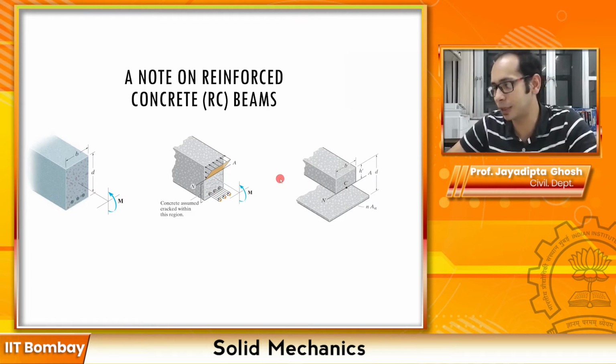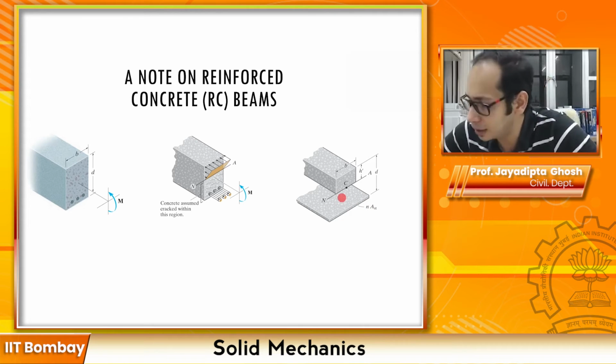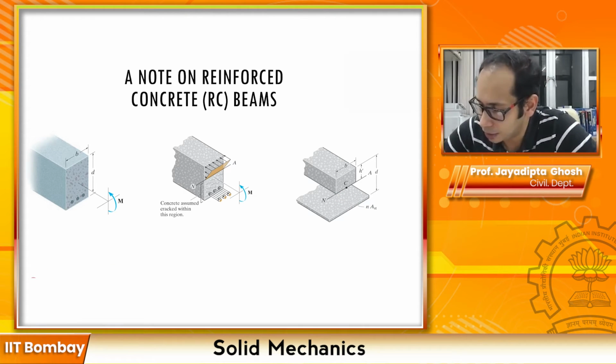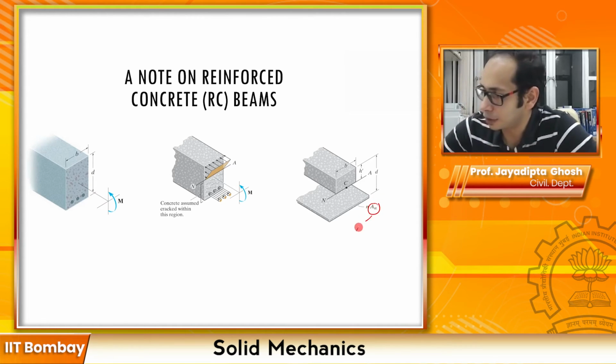So this looks something like this over here, where above here, we are essentially converting the steel into this n times AST that you have over here. So this AST that you see over here, let me just mark it. So the AST is the area of steel, right?